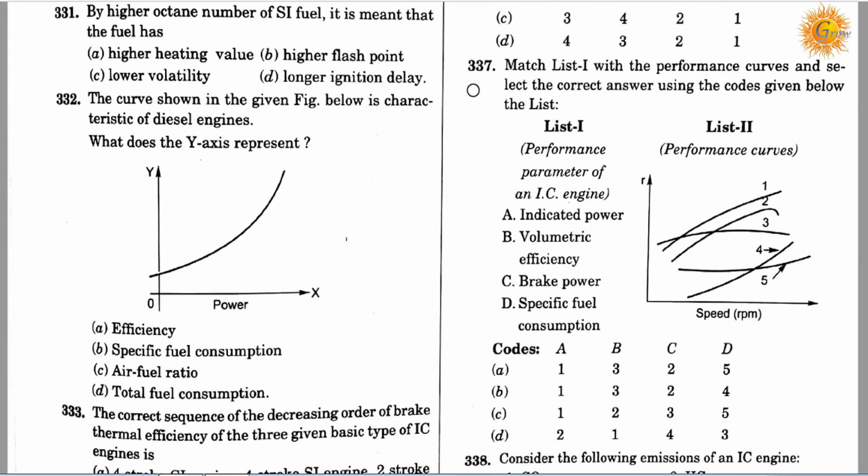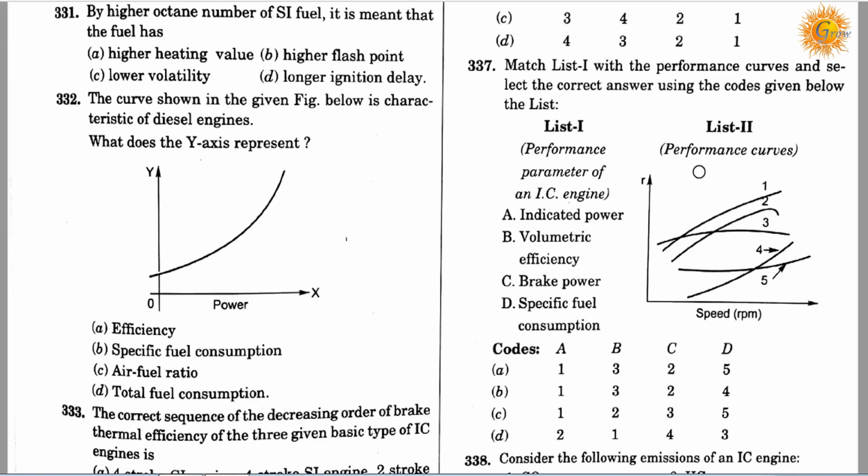Question number 337. Match list 1 with the performance curve and select the correct answer using the code given below in list 2. List 1 gives performance parameters of an IC engine: A is indicated power, B is volumetric efficiency, C is brake power, and D is specific fuel consumption.